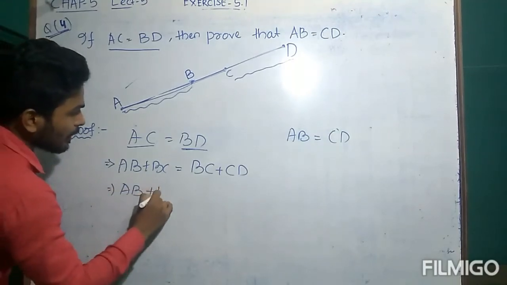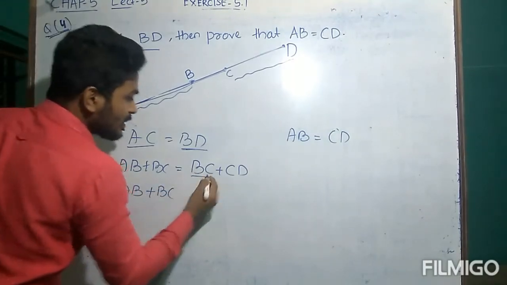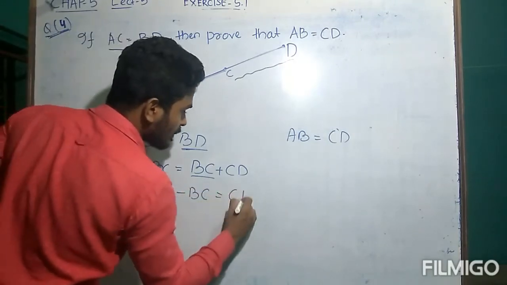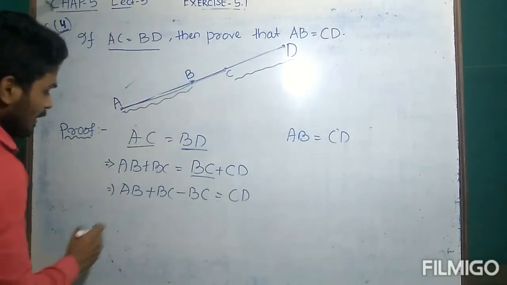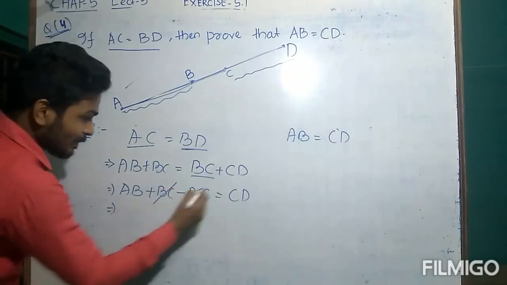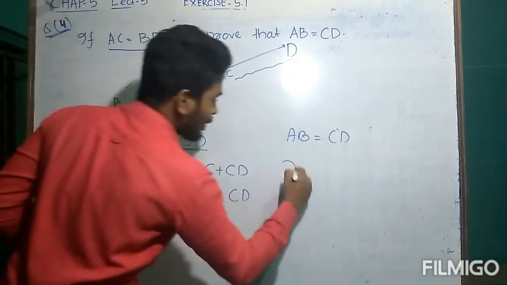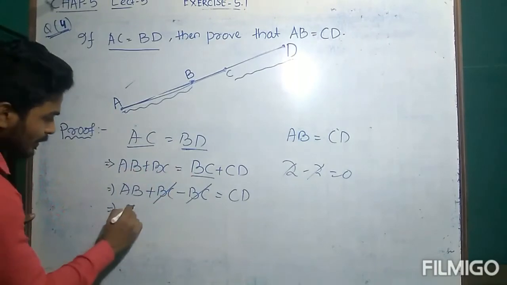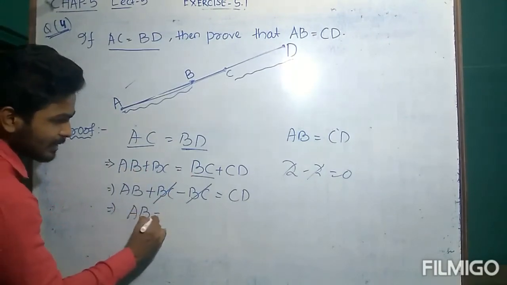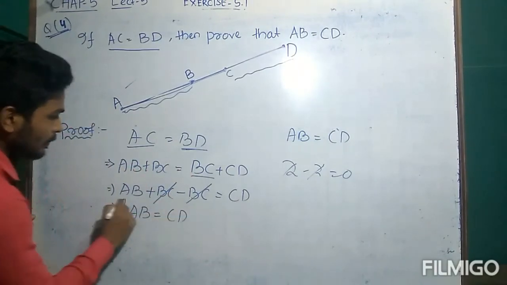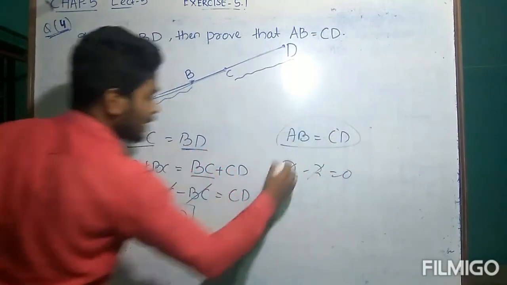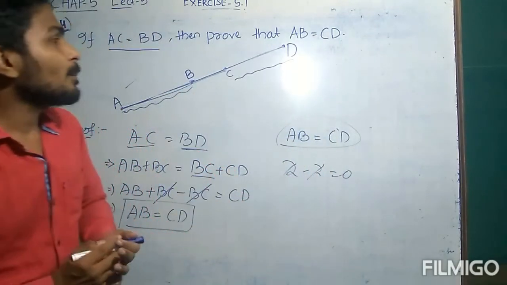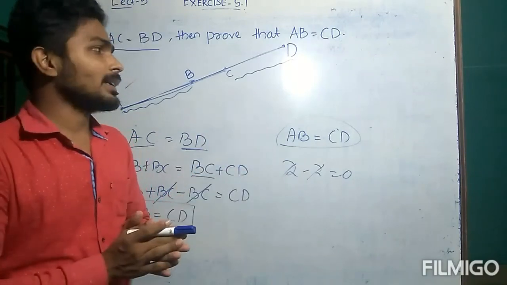Now this BC should be taken to the left: AB plus BC minus BC is equal to CD. Understood? Now BC can be cancelled out, as I have told you, 2 minus 2 is 0. So you get AB is equal to CD. This has to be proved, and our verification of the proof has been completed here.